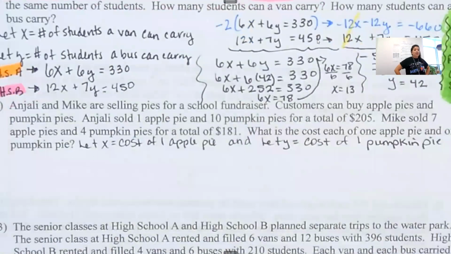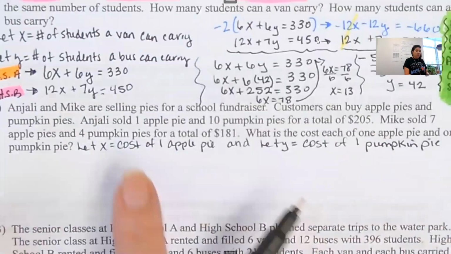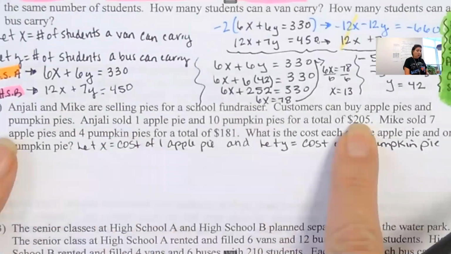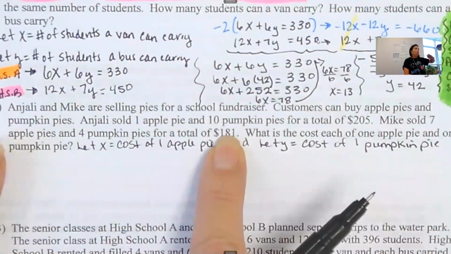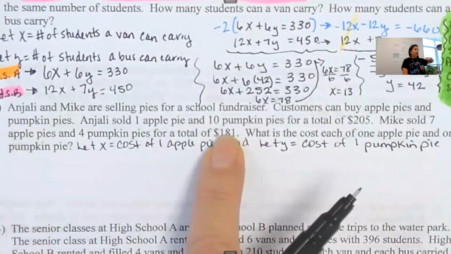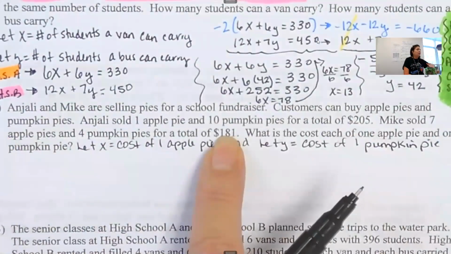So that part's easy, but kids will be like, well, I don't know, what's each equation supposed to be about? I look at when they give you totals, okay? They gave you 2 totals, right? They gave you the total of what Anjali sold, and the total cost of what Mike sold. So that helps me know one equation needs to be about Anjali, and one equation needs to be about Mike.